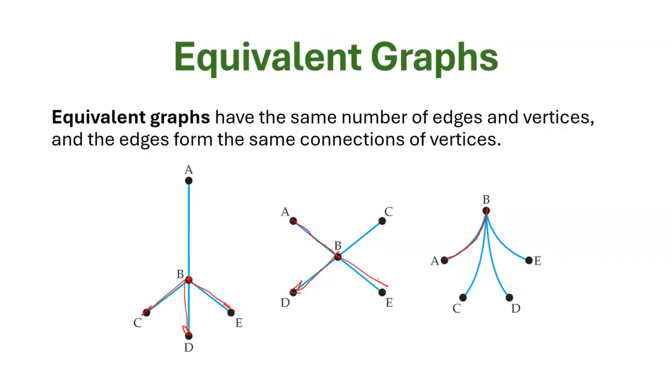So B has connections to all three, C, D, and E. So all of these represent the same graph, even though they look different, because they have the same vertices and exactly the same edges, created with the same vertices. So each one has an edge, a connection, between B and D.